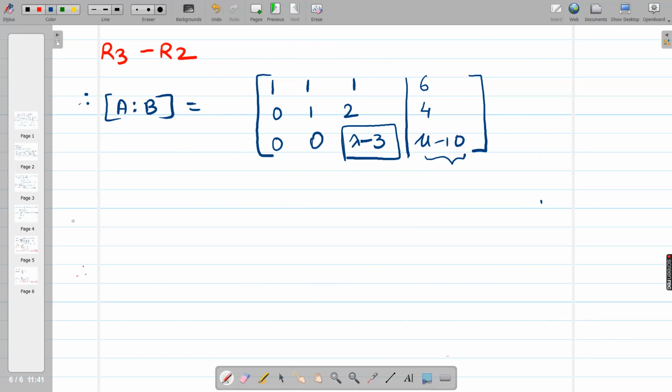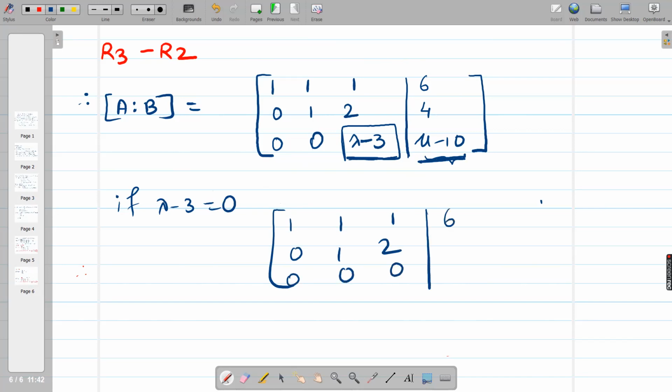And if this is 0, that will do, I guess. So let us interpret the solutions. Mu can have any value. So whatever number you get over here, that is okay. But this number should not be equal to 0, because in that case, if lambda minus 3 is equal to 0, then I will have 1, 1, 1, 0, 1, 2, 0, 0, 0, 6, 4, and mu minus 10.